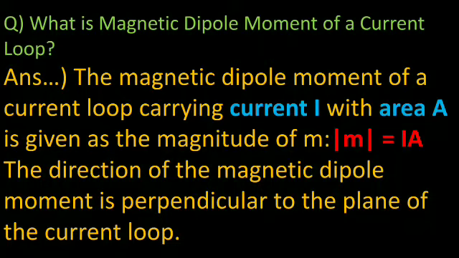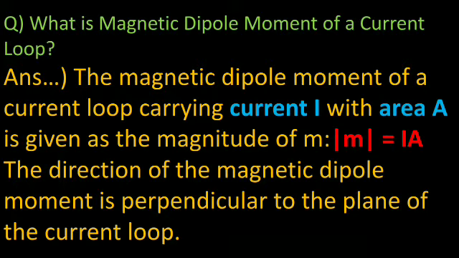The answer is that the magnetic dipole moment of a current loop carrying current I with area capital A is given as the magnitude of M. You may write mu also, that is mod of mu or mod of M is equal to IA only. The direction of the magnetic dipole moment is perpendicular to the plane of the current loop.